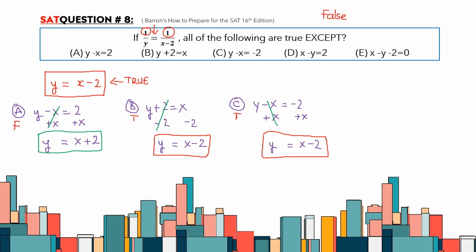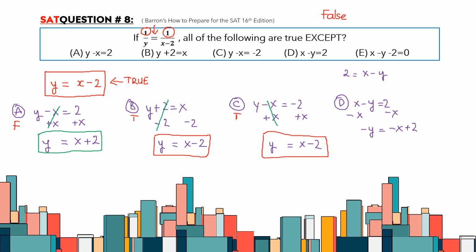Now we check on D. x minus y equals 2. I want to note this is the same thing as 2 equals x minus y. I want to isolate y, so I will subtract x from both sides. Now I have minus y equals minus x plus 2.